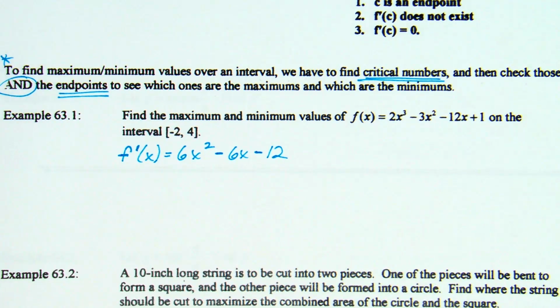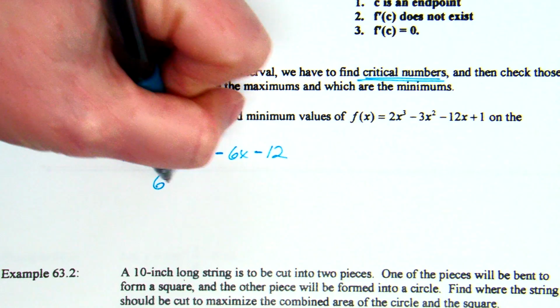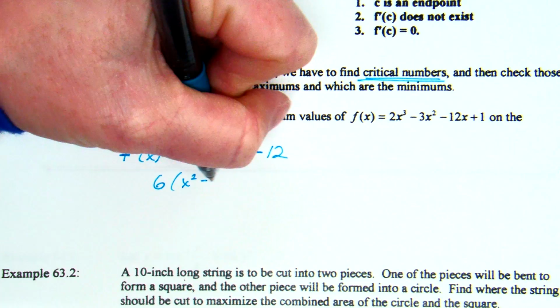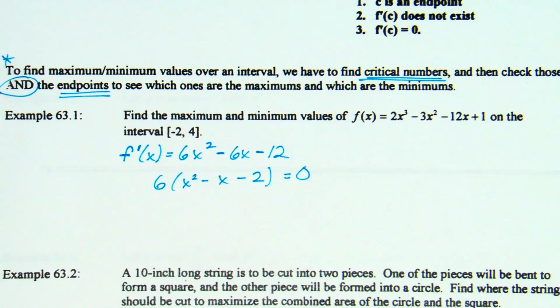Okay, so in order to find our critical numbers, we're going to take our derivative and set it equal to 0. What do you notice about this derivative? Yeah, I'm going to factor out a 6 as I go. So it's 6 times x squared minus x minus 2 equals 0. Can we factor that?